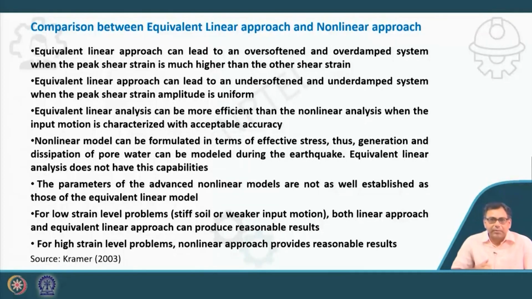In my previous lecture, I discussed how you can get the shear strain at every depth at any time. You will get the shear strain, shear modulus and shear stress with time, and your modulus also changes with strain.